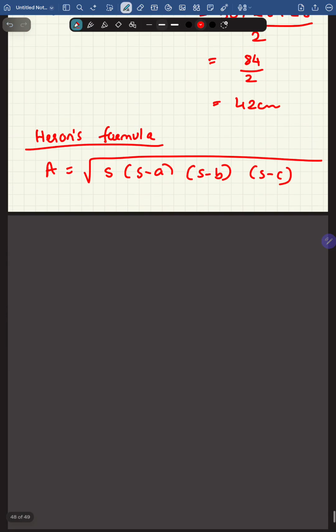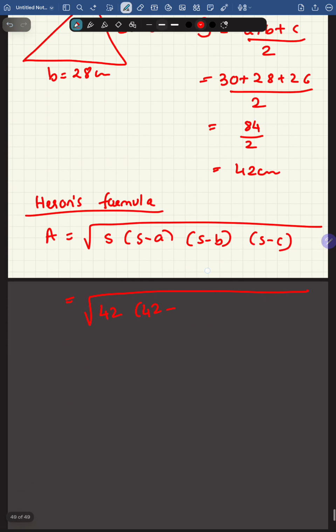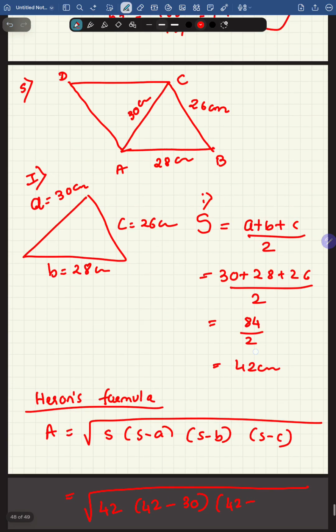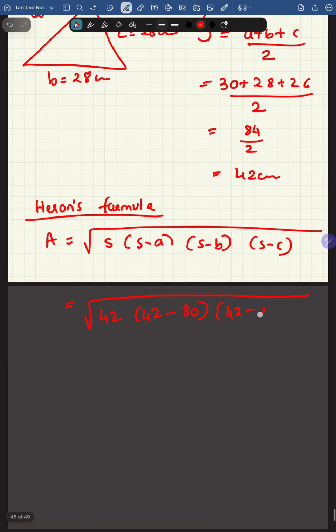So s is 42. 42 minus 30, 42 minus 26, and 42 minus 28. So 42 into 12 into 16 into 14.